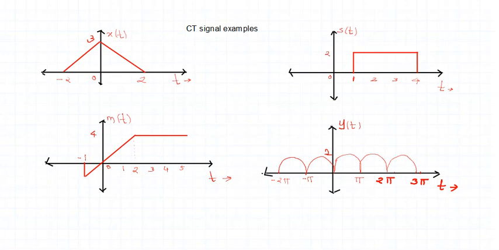Here there are some examples of CT signals. Let me look at the first example. I have called the signal x of t. If you look carefully, the signal is 0 up to -2, then it takes some finite value in the region from -2 to 2, and then again it tends to 0. Can I call this a CT signal?